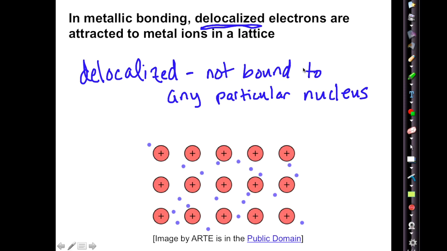So these delocalized electrons are able to move throughout this lattice of metal ions.